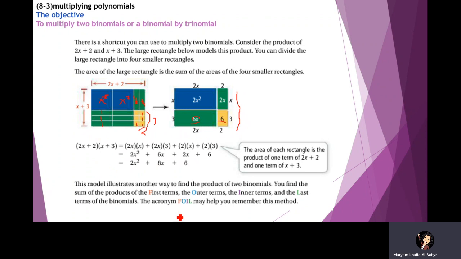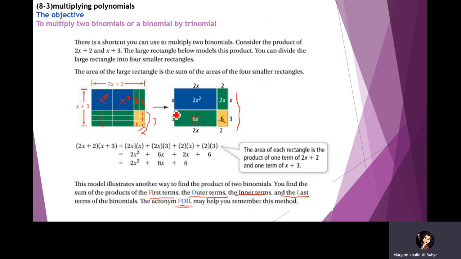This way, we will call it FOIL, which means first terms, outer terms, inner terms, and last terms. Some of you, I'm sure, did not get the idea from all these charts.